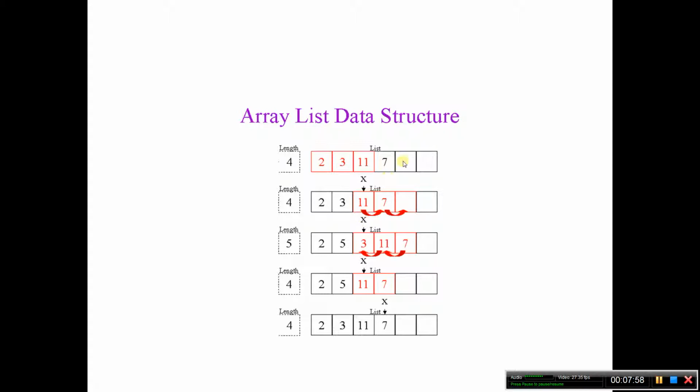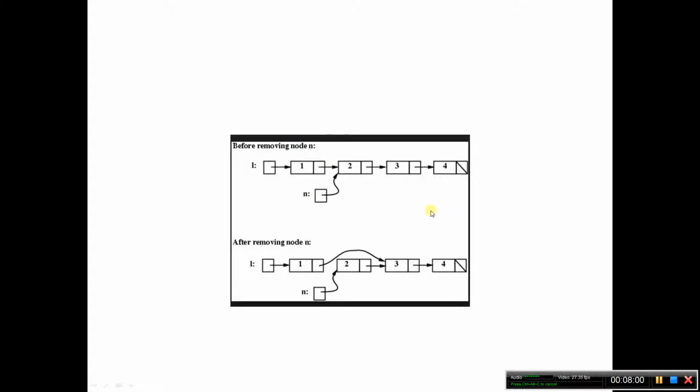But in the case of linked list, the elements are not stored in contiguous memory locations. They can be stored anywhere. But how the list is connected is through links.